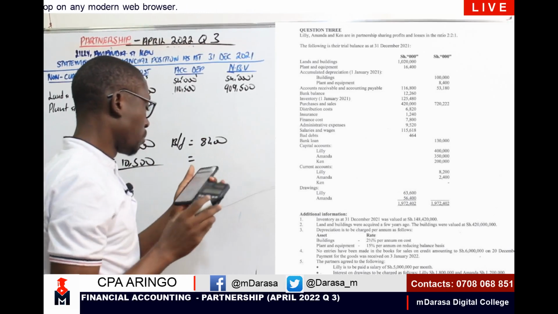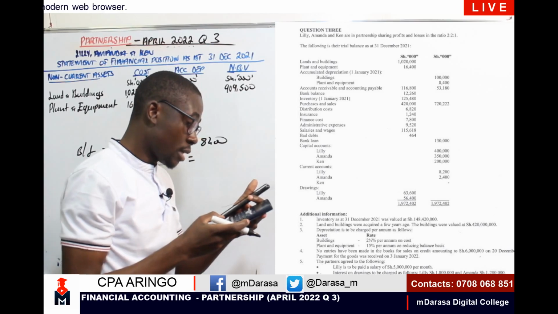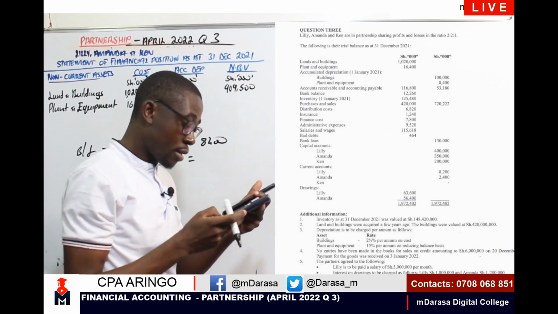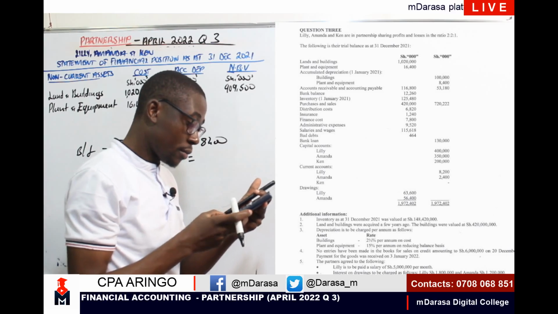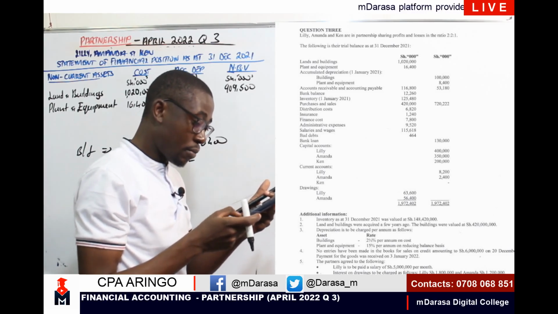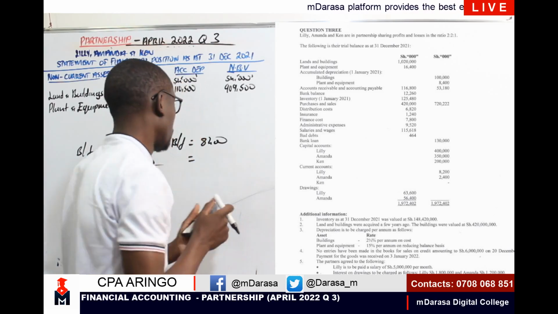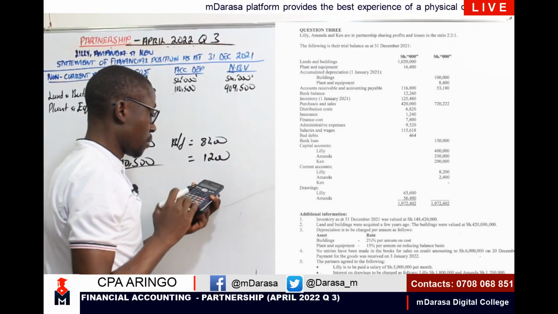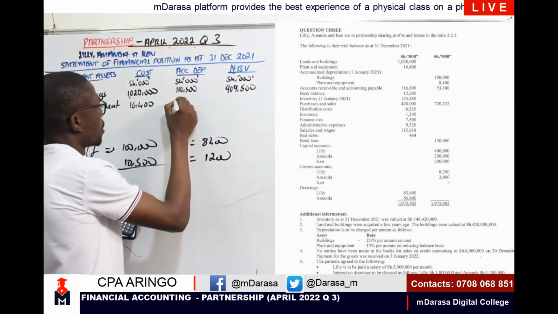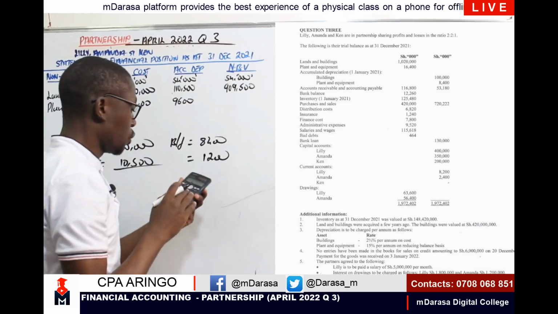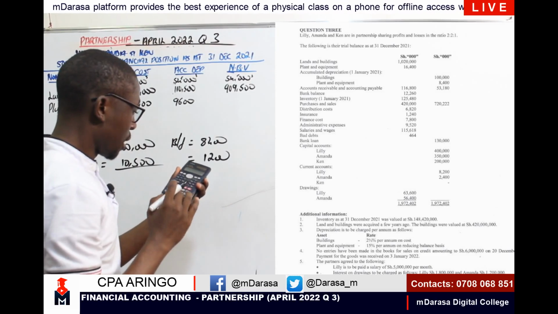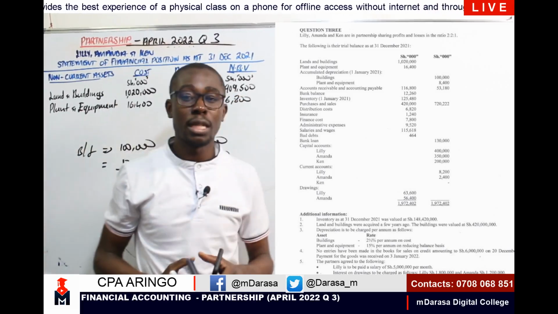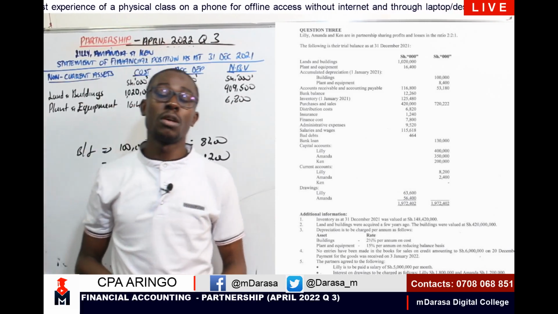Charge for the year, I'll just do it with my calculator quickly because we had already computed that. 16,400 minus 8,400 times 0.15 gives me a figure of 1,200. So 8,400 plus 1,200, I'm having 9,600. So we should be talking of 16,400 minus the answer. Remember, don't wonder where Mwalimu is getting all these figures. We had already computed that, so it's just a matter of us picking it directly from our income statement.